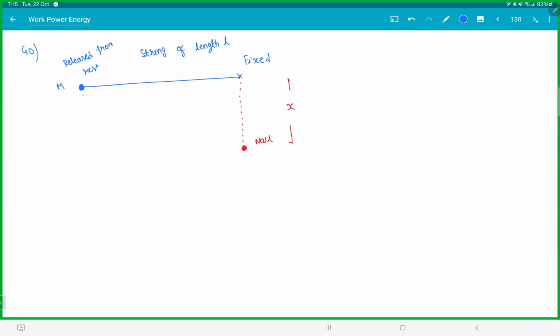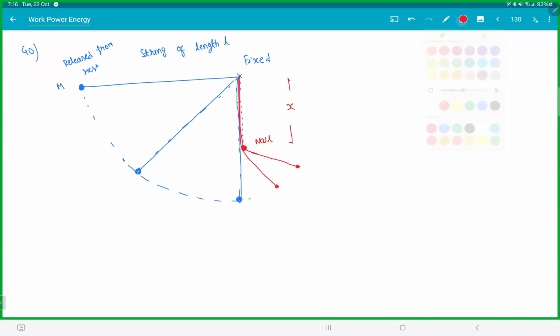Then what will happen? This pendulum will oscillate. And then once it hits this nail, it starts becoming like this.